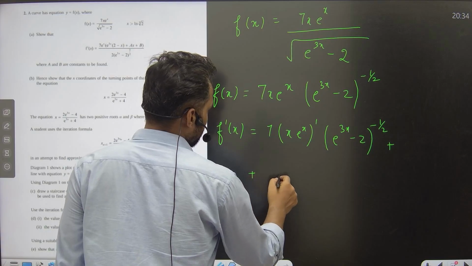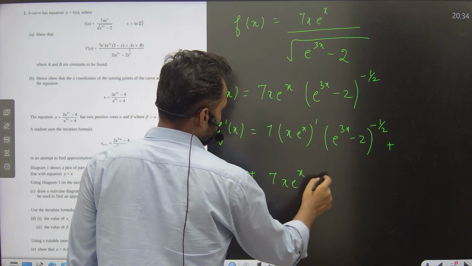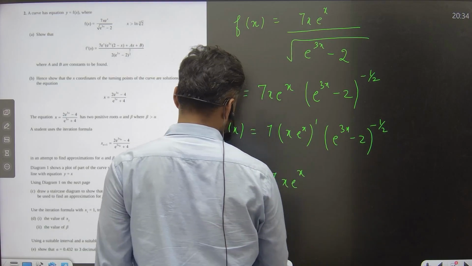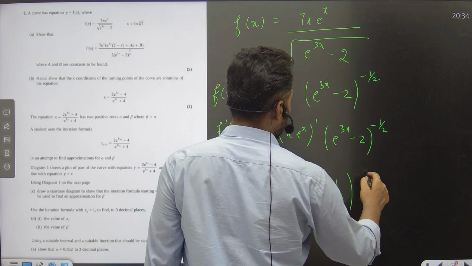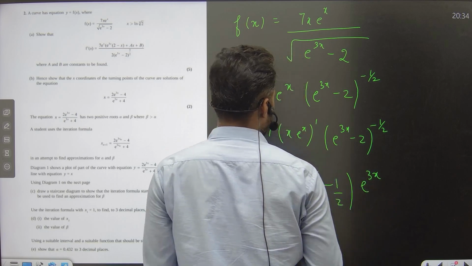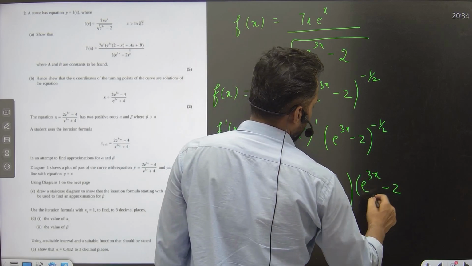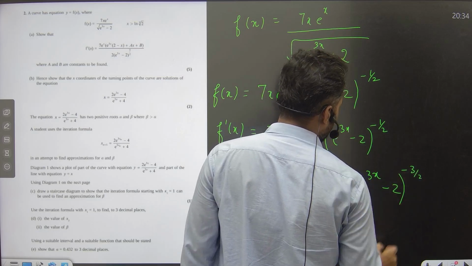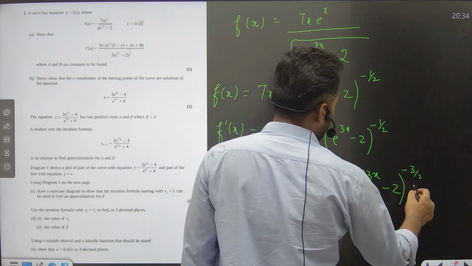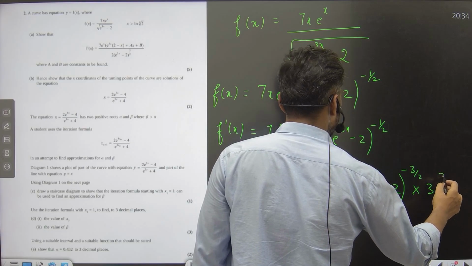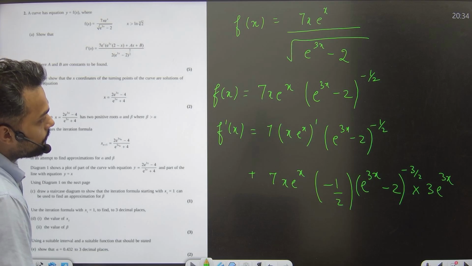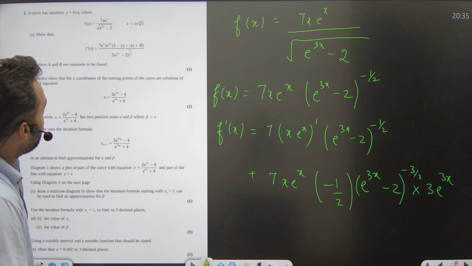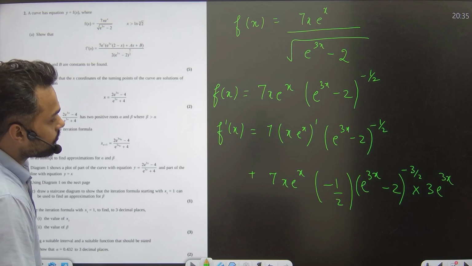Plus 7 times x e raised to the power x cross negative 1 by 2 e raised to the power 3x minus 2 into negative of 3 by 2 cross 3 e power 3x. Okay, this we are getting as the differentiation.